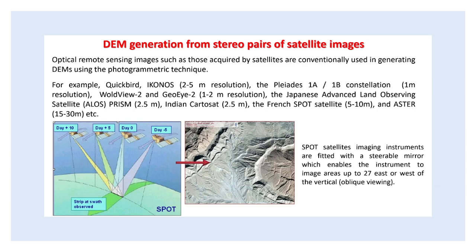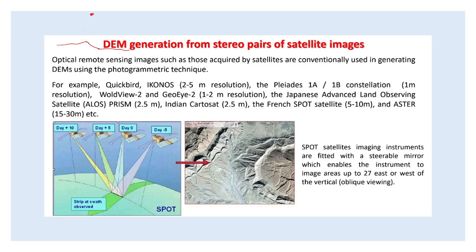If you're just taking an overhead image, say you have an undulated surface over here, and I take an image from directly above it, I will not be able to understand that this point is higher than this point.